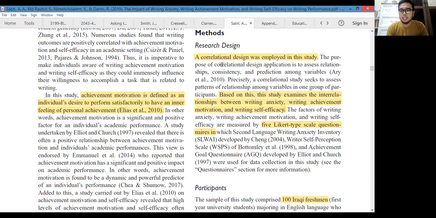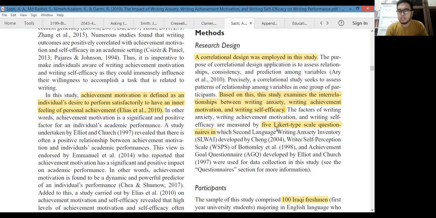In this study, they clearly stated that they implement a correlational design, and the purpose is to examine the interrelationship between writing anxiety, writing achievement motivation, and writing self-efficacy. As stated by previous presenters, in a correlational study, we need to describe and measure the degree of association or relationship between two or more variables. In this case, the variables are these three factors.